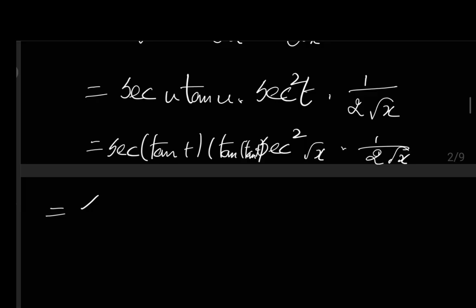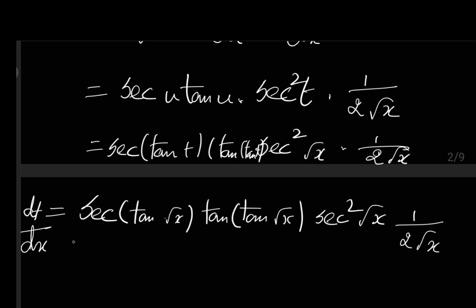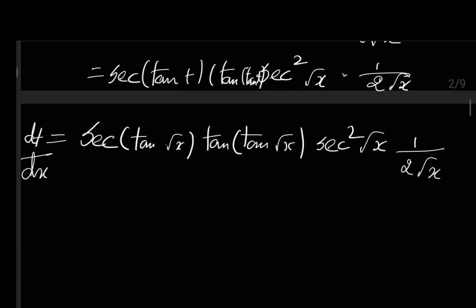Now make the substitution for t again: secant of tan root x, times tan of tan root x, times secant squared root x, times 1 by 2 root x. So this is your df by dx. This is your answer.